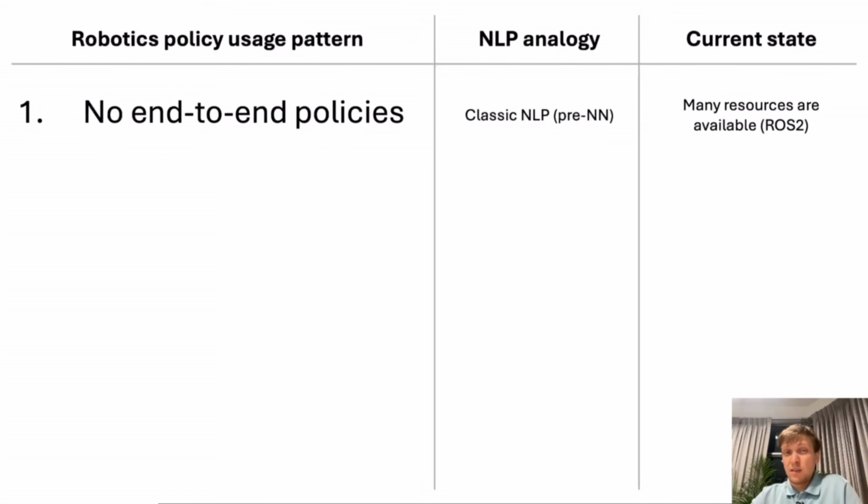And if you look at the analogy in NLP, it would be classic NLP before neural networks. Basically, to solve any text-related problem, you needed to do a lot of pre-processing, like stemming, lemmatization, spell checking, and fixing. Then you use some things like TF-IDF to create features from this text, and then you train some simple model on top of it to solve your particular problem.